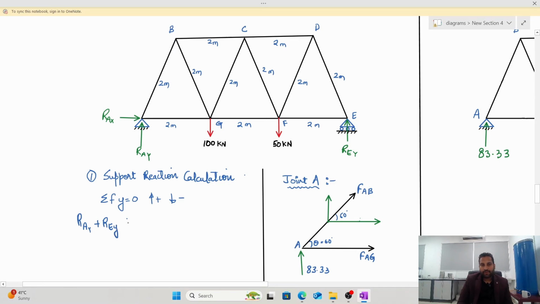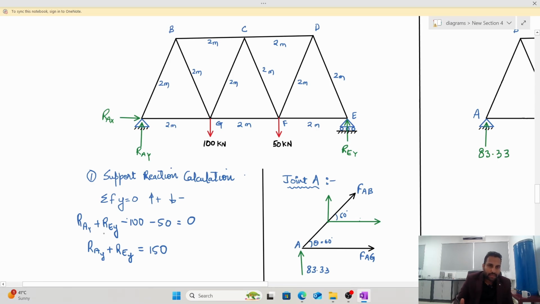And what is going down? 100 is going down, so negative. 50 is going down, so negative, equals to 0. So, RA plus RE, they are in y direction, is equals to 150. This is the first equation, RA plus RE is equals to 150.